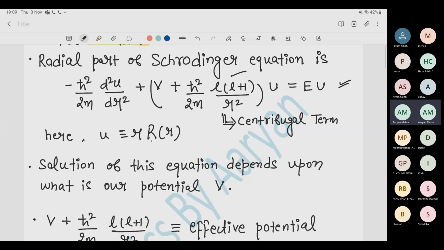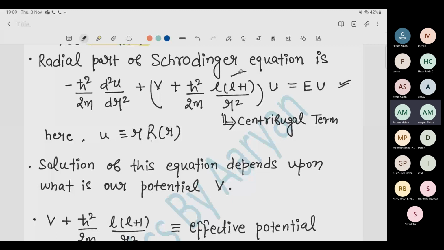So this entire V plus h cut square by 2m L(L plus 1) by r square is called the effective potential. You don't have to worry much about that, but you should know how these things evolve.